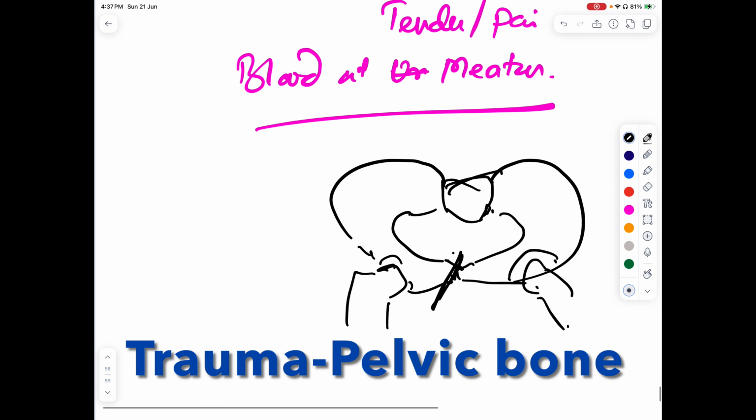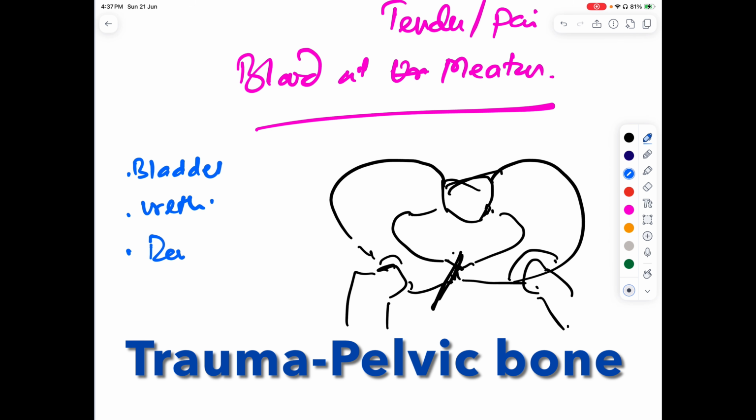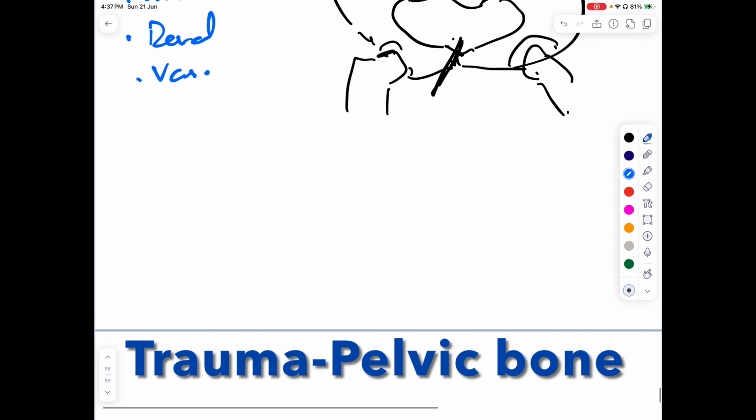What injuries would you suspect? Whenever there is disruption of the pelvis, you suspect bladder, urethral, renal and vascular injuries.